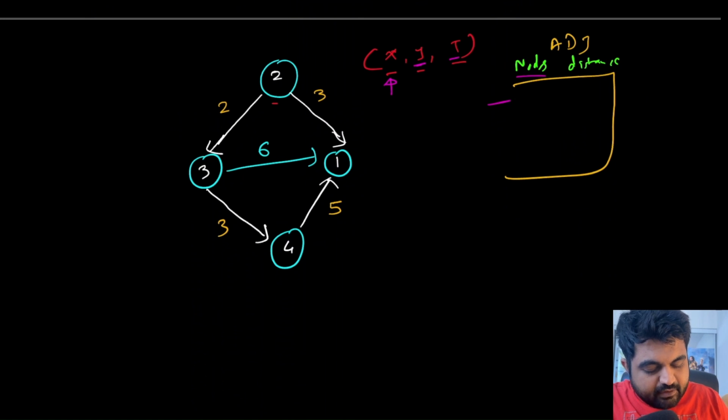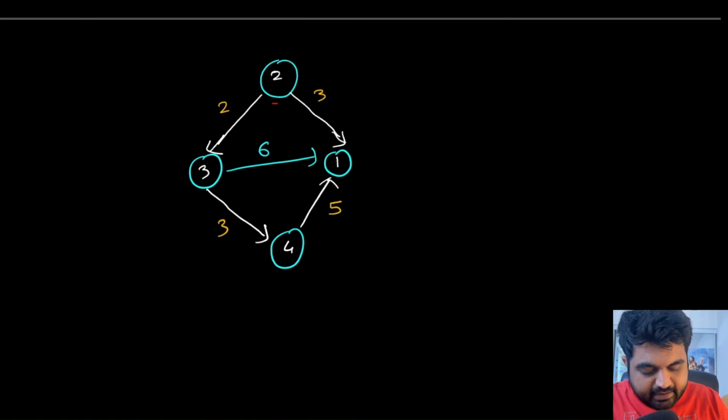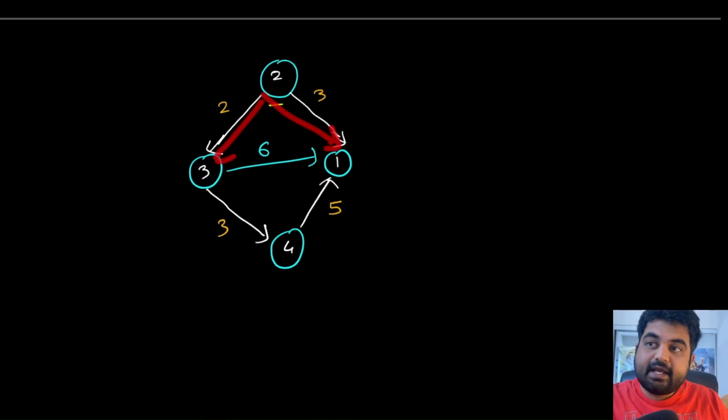But we are also going to do one thing smarter: instead of just pointing out the nearest neighbor any particular node can visit, we will also try to sort these values based on the shortest value first and the longest value later. Why are we doing that? Because we have two objectives.